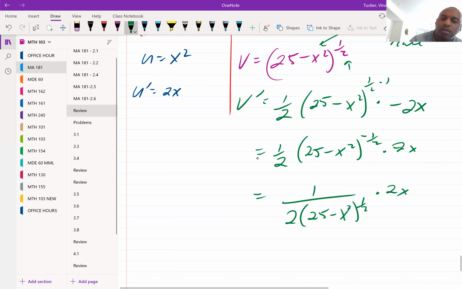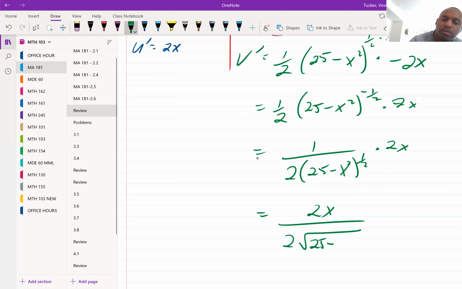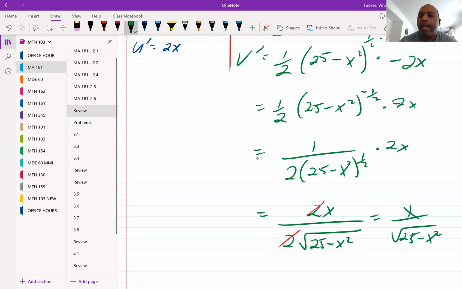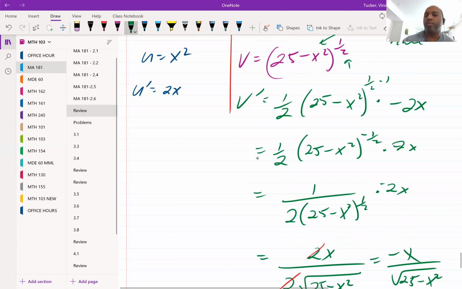These twos cancel. That gives me negative x over the square root of 25 minus x squared. I said 1 at first, but that should be x, and I left off a negative. Okay, so that's my v prime.